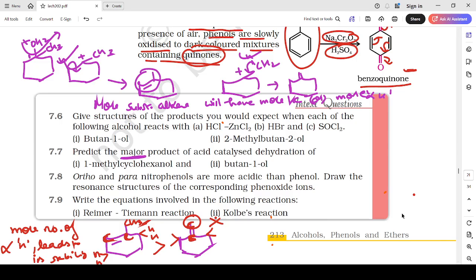So the more alpha hydrogens you have, the more they can go for resonance. That is the importance. If a structure has resonance, it will automatically be the major product. Repeat. If one has resonance and the other doesn't, the one with more resonance will of course be more stable. Yes, of course. The more resonance structures it has, the more stable it is, and that will be the major product.